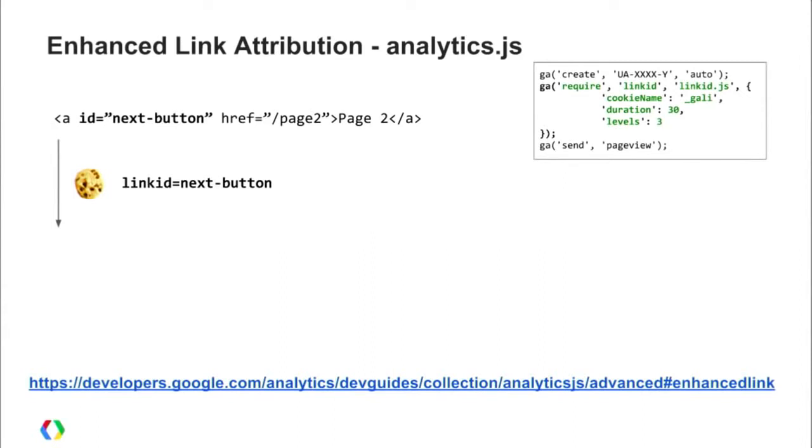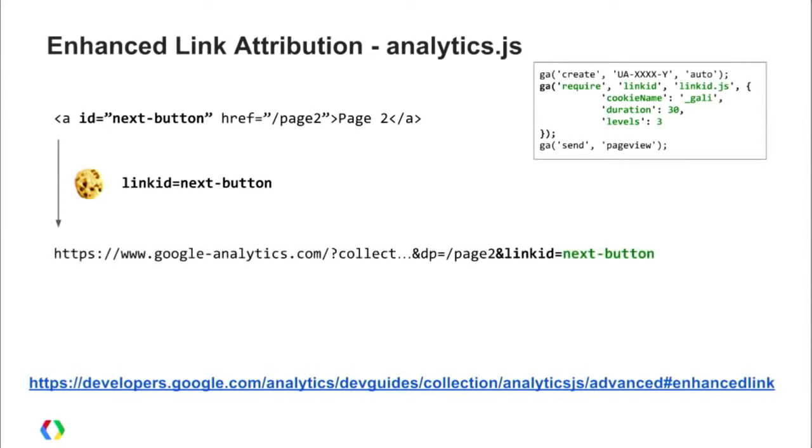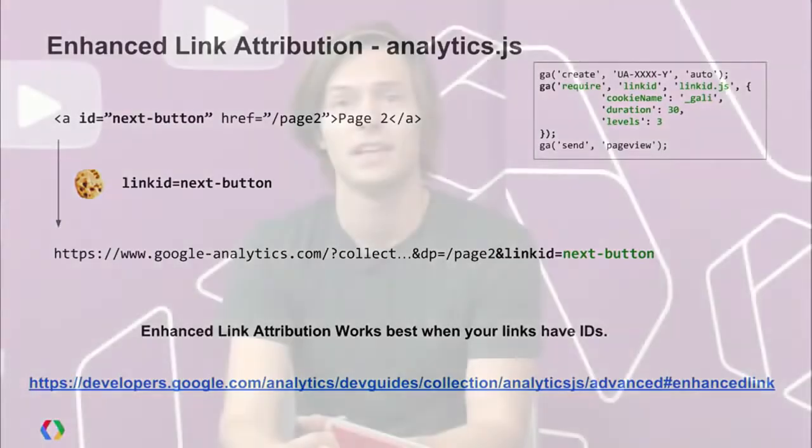If that anchor element didn't have an ID, we would look up in the DOM to try to find a parent element that did have an ID, and we'd use the first one that we could find. Then on the next page, when you actually send the page view, we'll include whatever that element ID is in the hit as part of this link ID parameter. That's the way we're able to tell, in the in-page analytics report, that users came to page 2 not from some other link, but from this specific next button, for example.